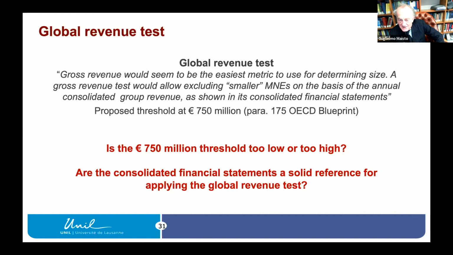But if you are asking me how many people need to work on the Amount A mechanism, then I think the number will be huge. I don't know whether you see the point, but with 750, you could put 500, 400, you will not have increased the number of tax officials working on it, because they just sit there and look at the multinational preparing the country by country. But here it is totally different, because the more you lower the threshold, the more tax officials you have working on it. Yeah, I see the point.